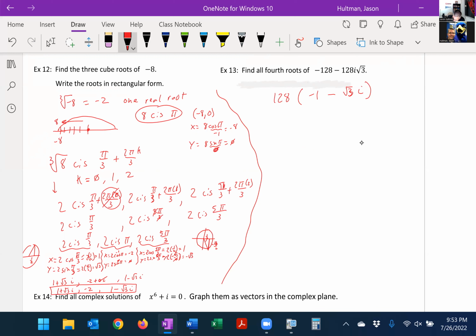Now that looks very familiar. If I could get this to be a 1/2, then I've got an angle for theta that I can get directly here, from the cosines and sines.